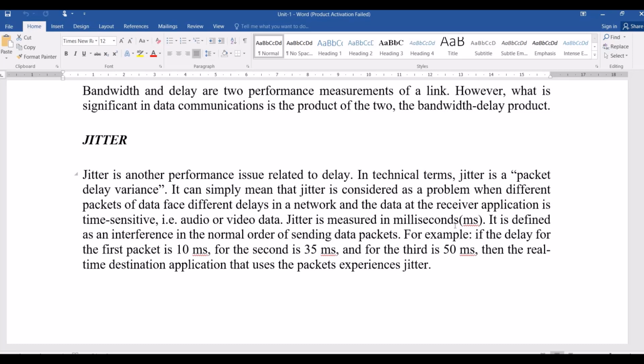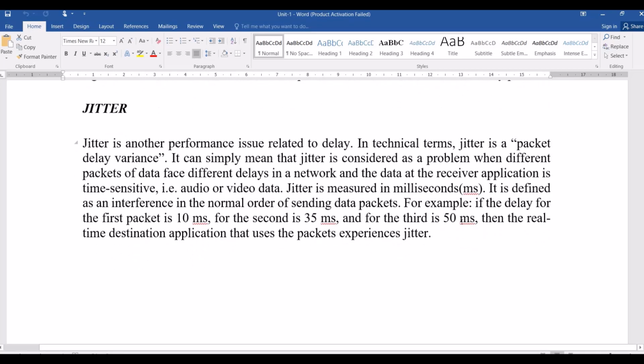So each and every packet transmitted through the network has a different delay. Real-time destination applications that use these packets experience what is called jitter.